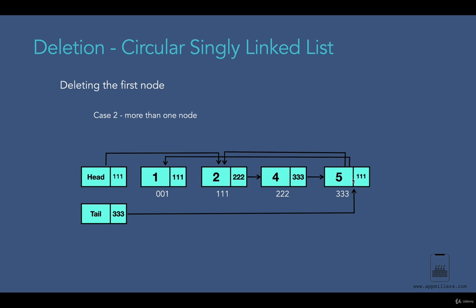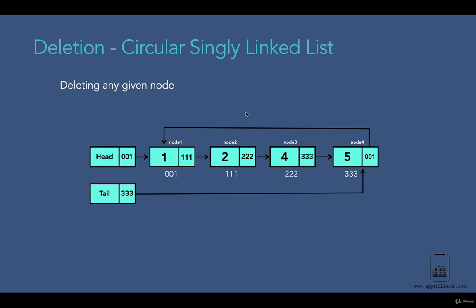A reference between the last node and the second node is created, and the reference between the last node and the first node gets destroyed. With these steps, the first node is not referenced by any node, so the garbage collector can come and destroy it from the memory. With this we have successfully deleted a node from the beginning of a linked list in which we have more than one node.